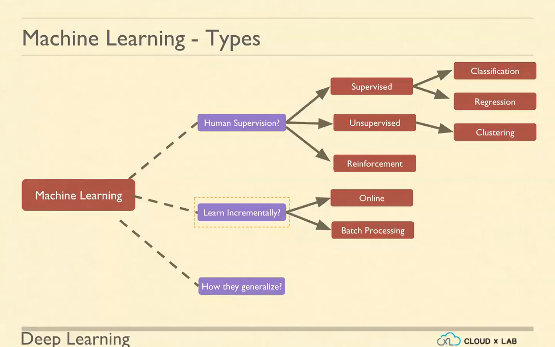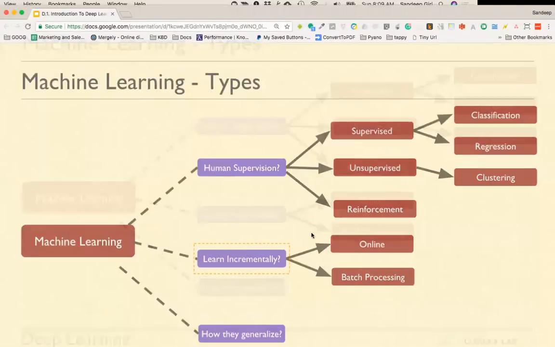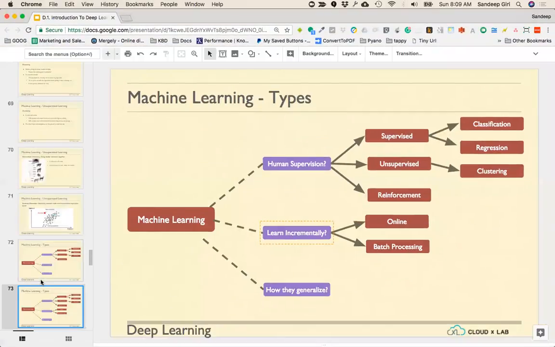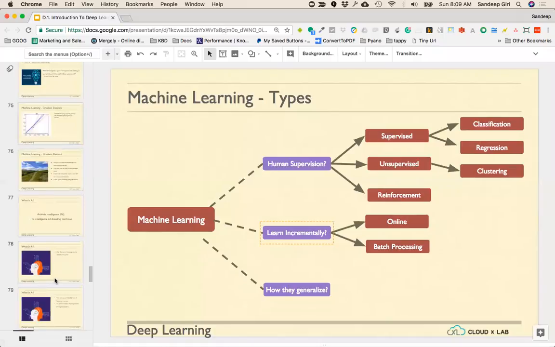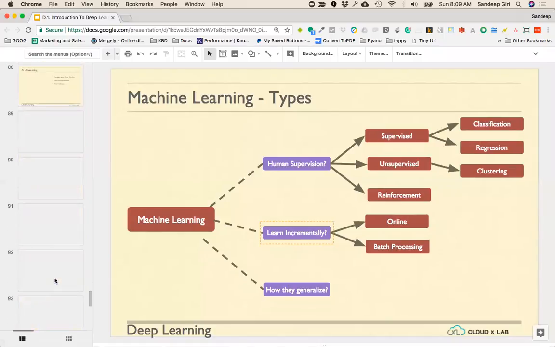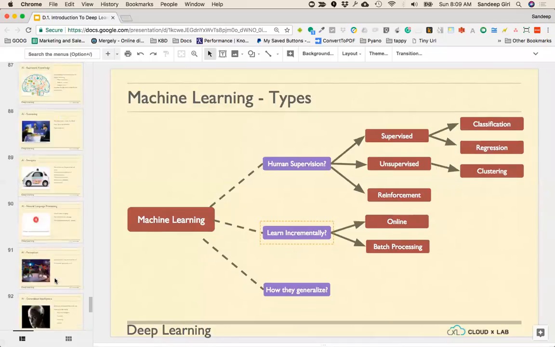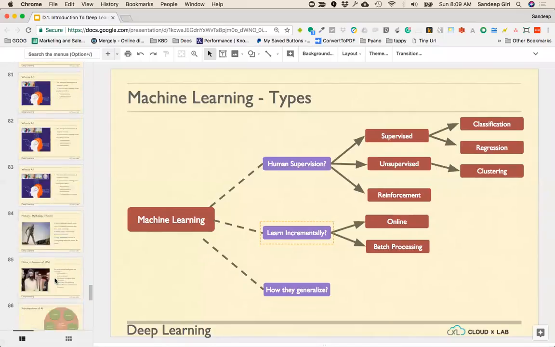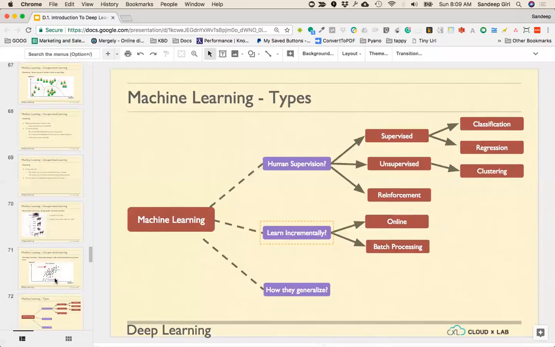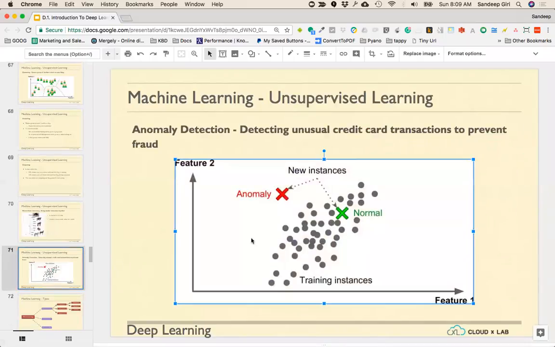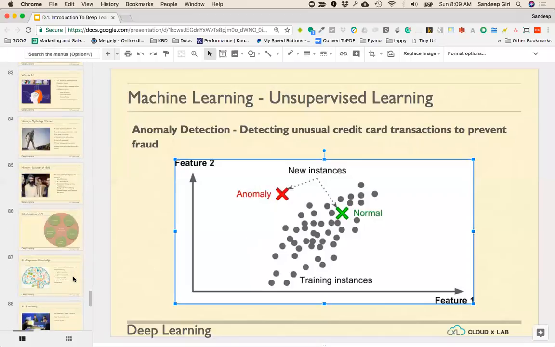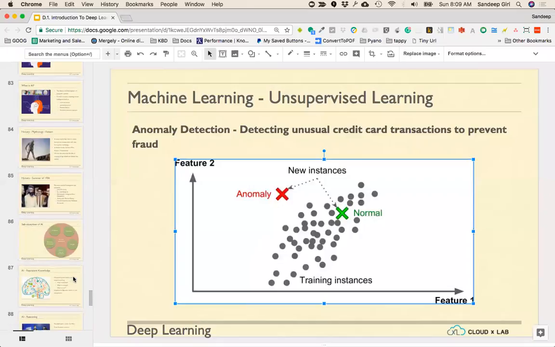So how well the algorithms generalize is another way of classifying machine learning. There are two kinds of examples. Let me just show you that part. I have a better example.